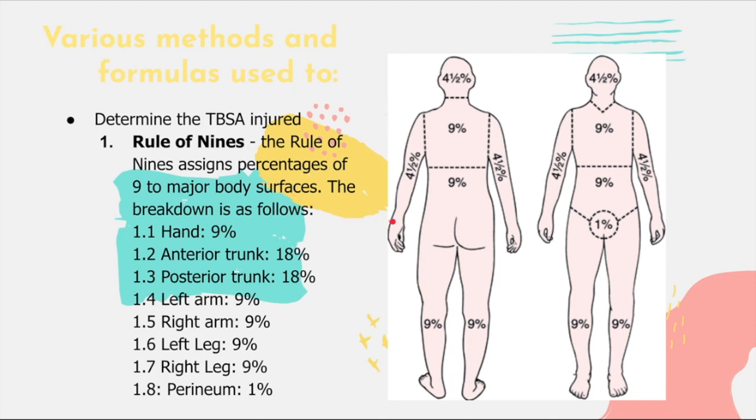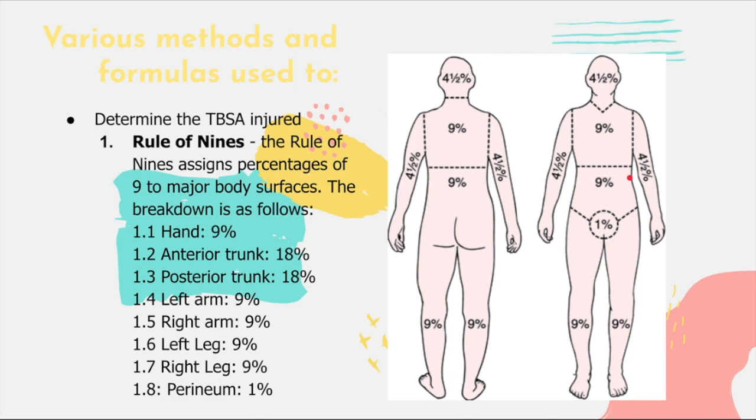The head will be 9%, the anterior trunk will be 18%, and it will be divided into the upper trunk and the lower trunk, with 9% each, totaling 18% for the entire anterior trunk. The posterior trunk will then also be 18%, also divided into an upper posterior trunk and lower posterior trunk, but still totaling 18%.